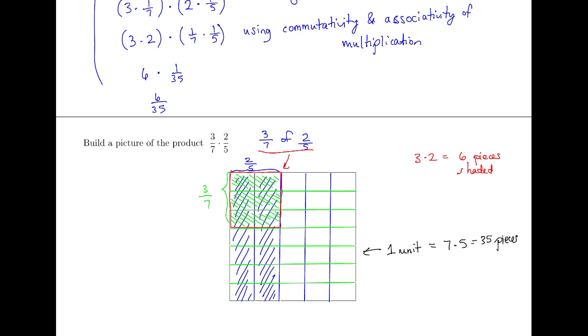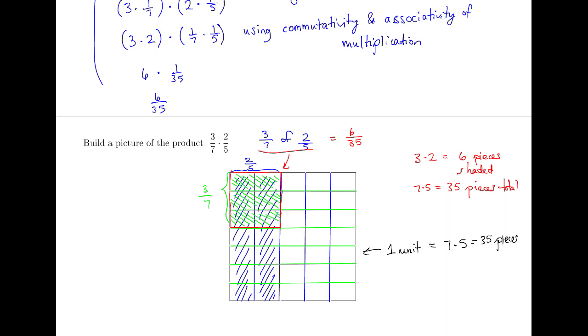So we can see 3/7 of 2/5 is 6/35. Okay, and this basically provides a picture of why that multiplication ends up being that way. It is 6/35 of this square.